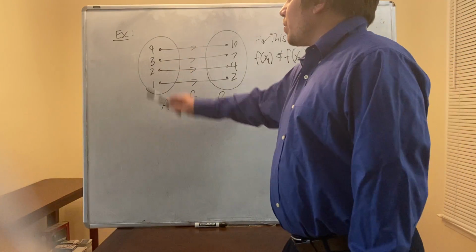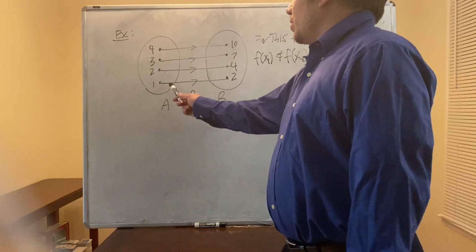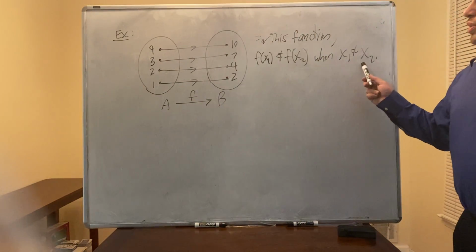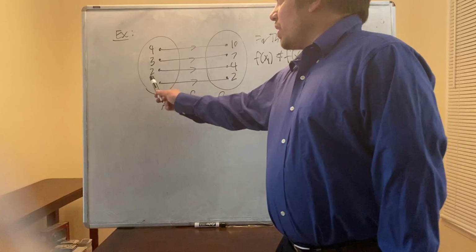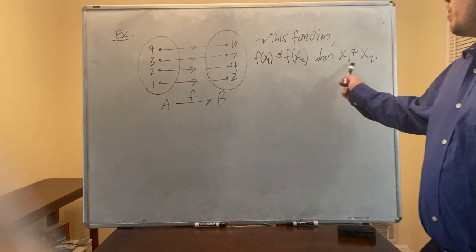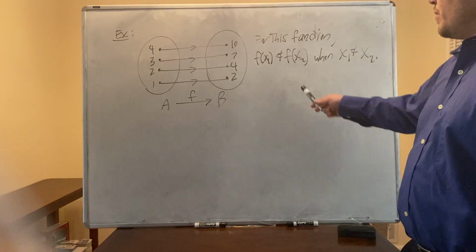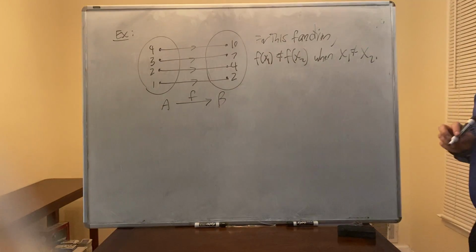So 1 does not equal 3, and as a result, f of 1 does not equal f of 3. Whenever you take two different elements in the domain set, their images under f are also different.